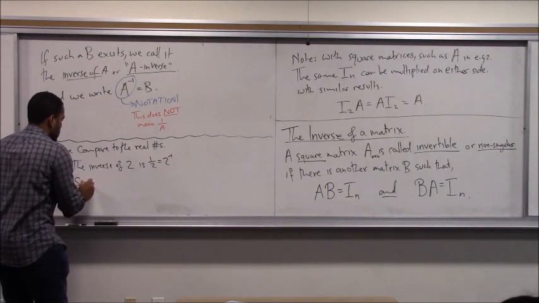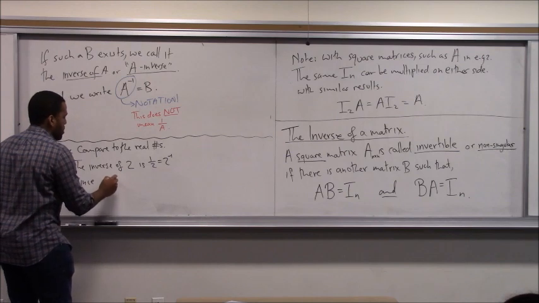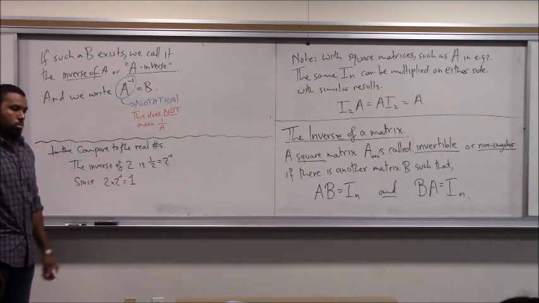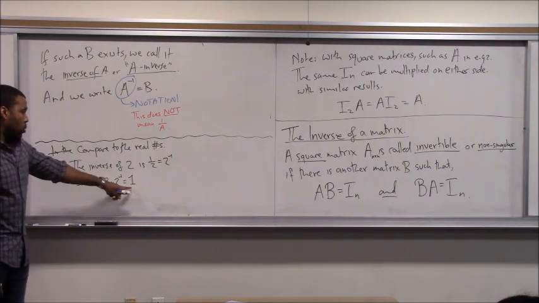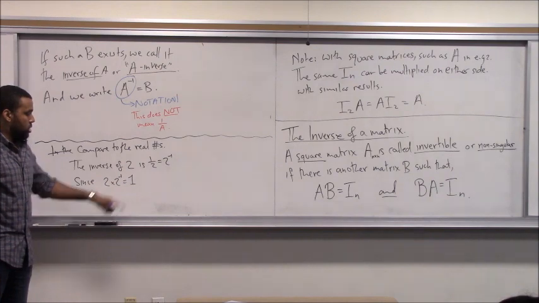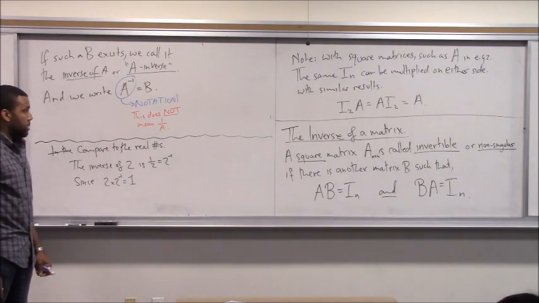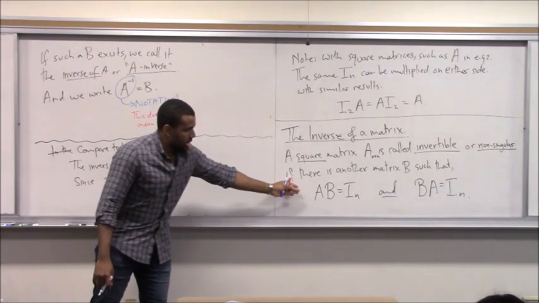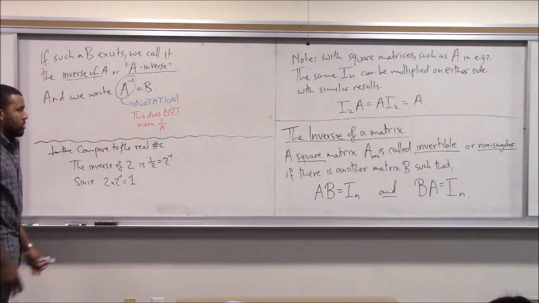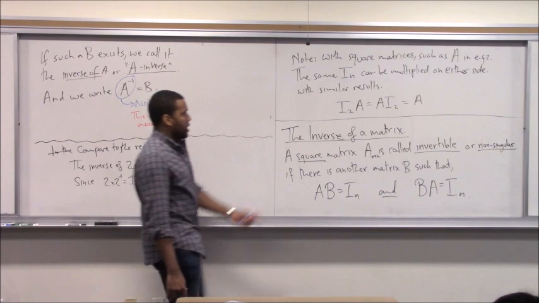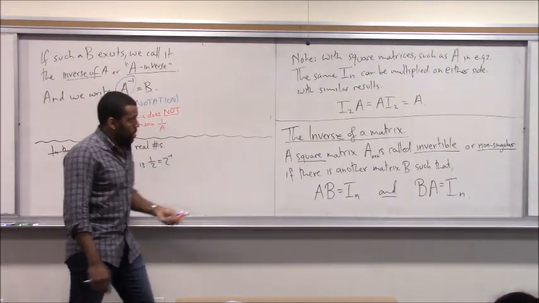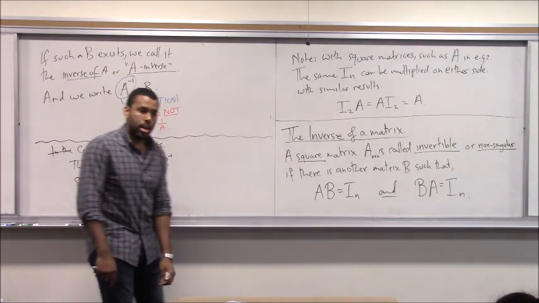Since you'll notice that if you take 2 and you multiply by 2 to the minus 1, you get 1, which is the identity for the number system, right? Multiply 1 by anything, you get the thing itself. So multiplying anything by its inverse should give you the identity. And so we wanted the same thing to be happening with matrices, and so that's why we have these definitions. And the guy that behaves like the 1 in the matrices is the identity matrix IN.